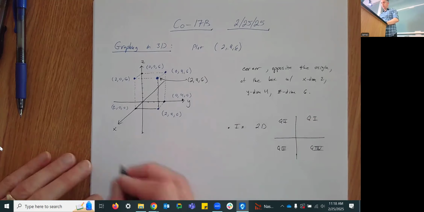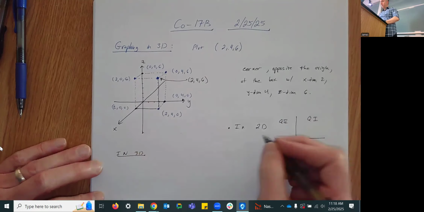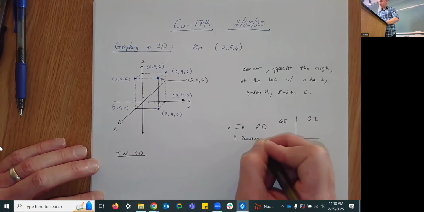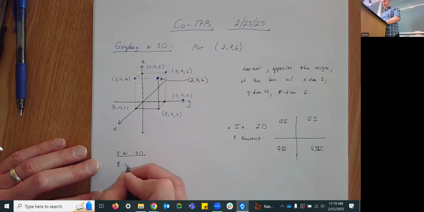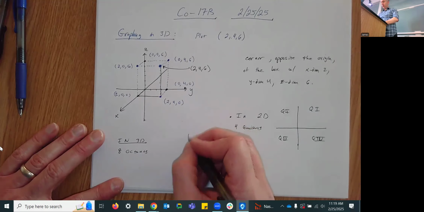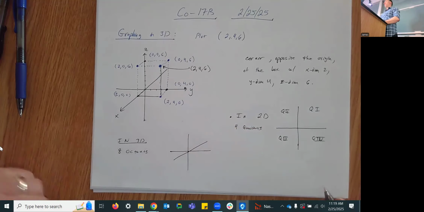So in 3 dimensions, instead of having 4 quadrants, we have 8 octants. And we don't really care so much about labeling or naming them, except for the first one.